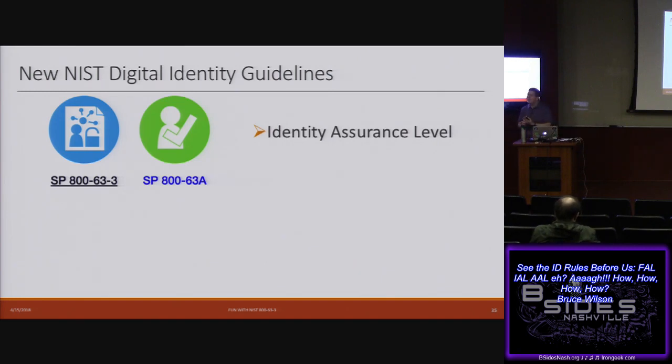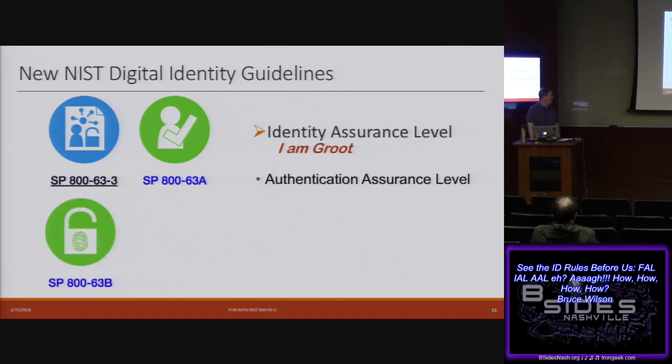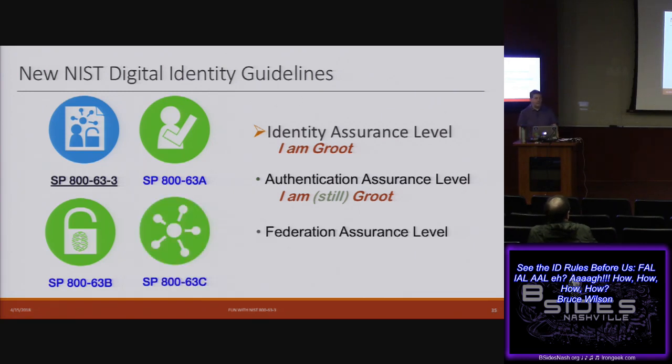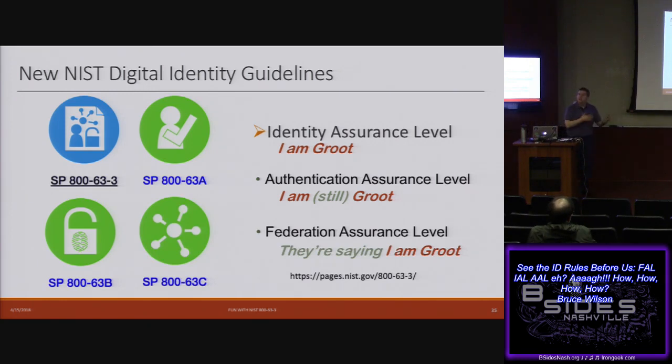This talks about identity assurance level. And so this is really trying to deal with who is it that we're talking about? Who is the user? Who is the subject? Part B deals with the authentication assurance. How confident am I that it's the same person that it was before? And then Part C deals with something called federation assurance level, which is dealing with authenticating with a Google credential, for example, to somebody else.